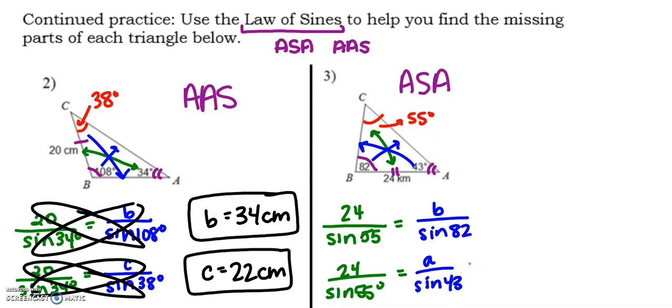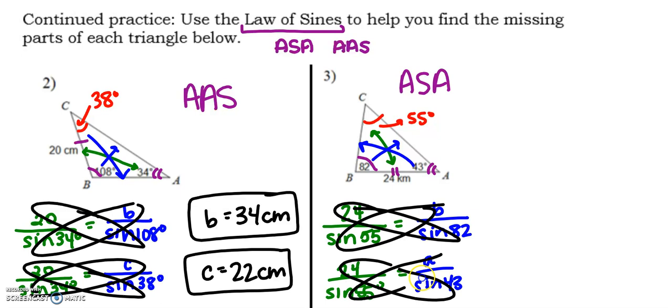So again, we're setting up these ratios, and I'm going to use some multiplication to solve them. I end up with B equal to 29 kilometers and A equal to 20 kilometers.